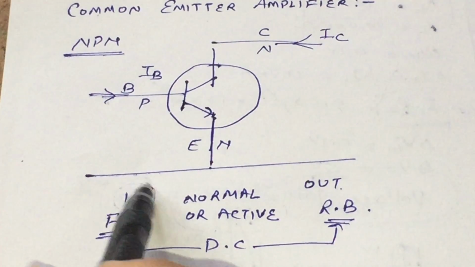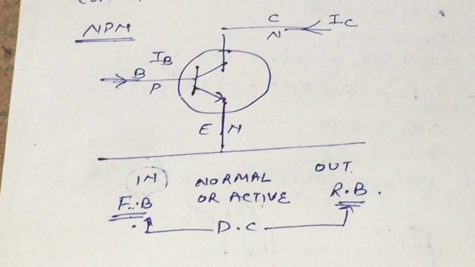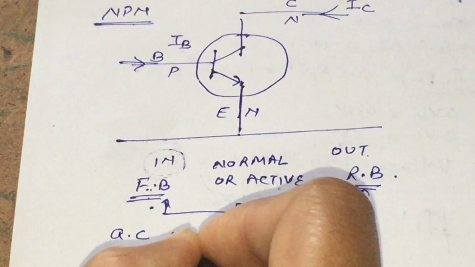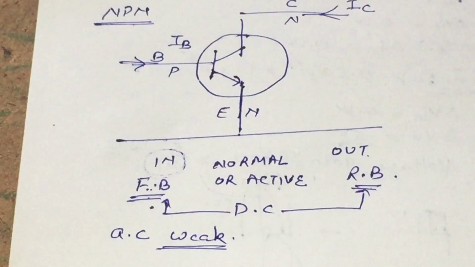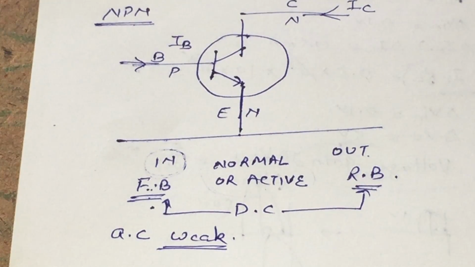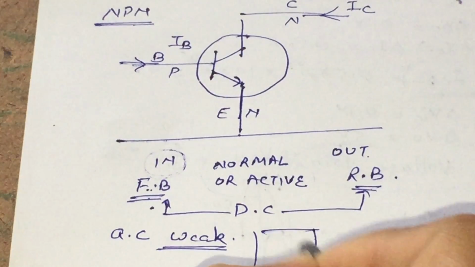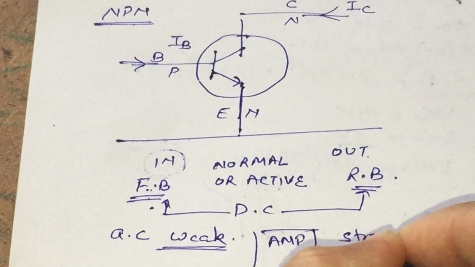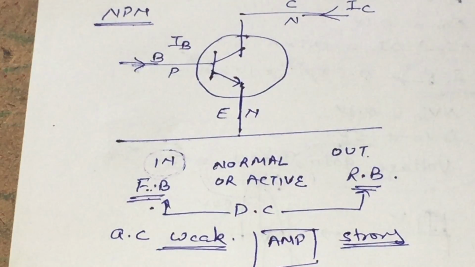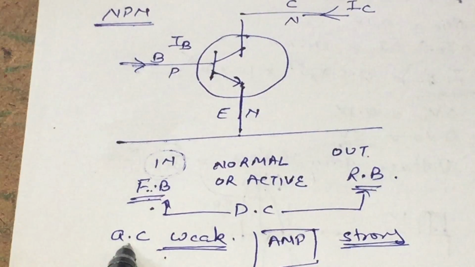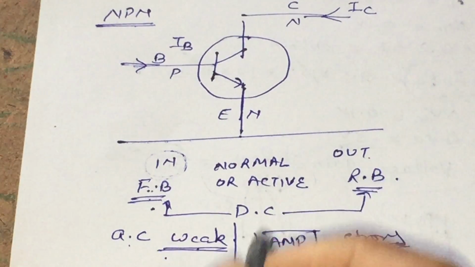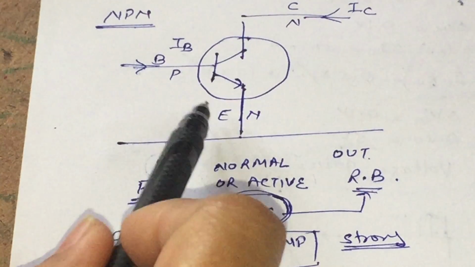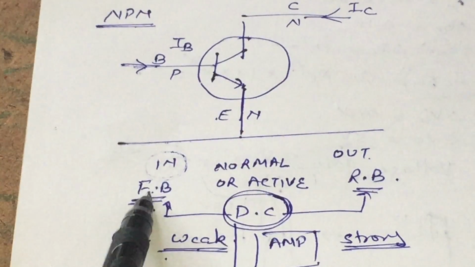In the input side, we have to give two types of signal. One is the AC signal, a weak signal which will be given to the input side so that by feeding it to the amplifier circuit we will obtain a strong signal at the output side. In the input side we will give the weak AC signal plus a DC source so that the emitter-base junction can be forward biased.